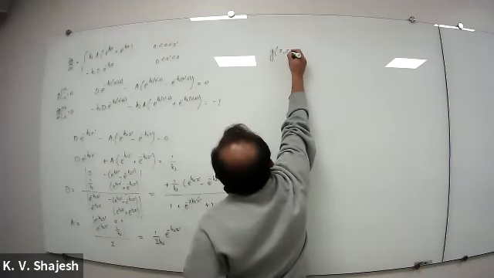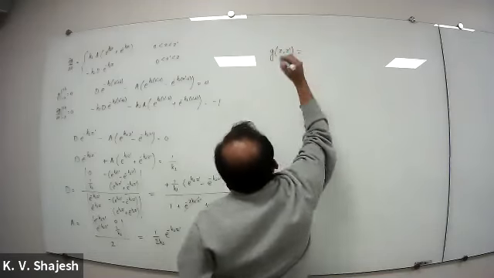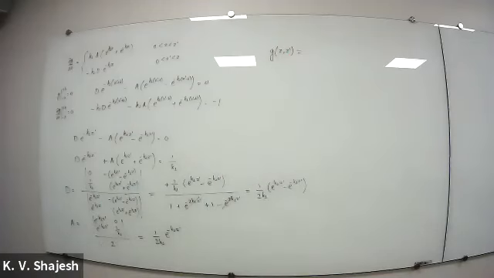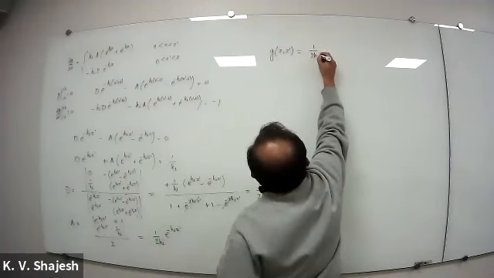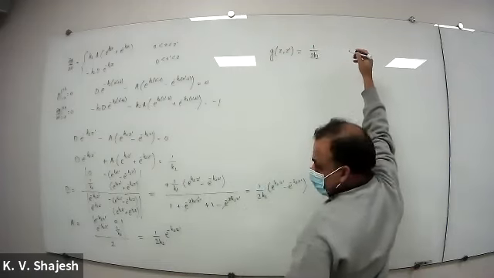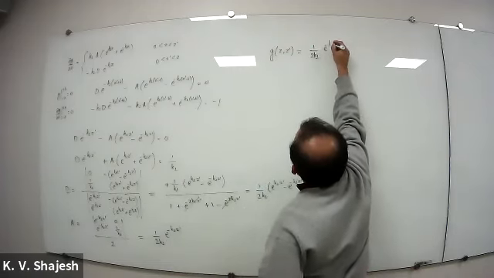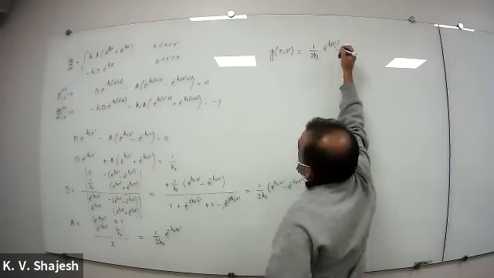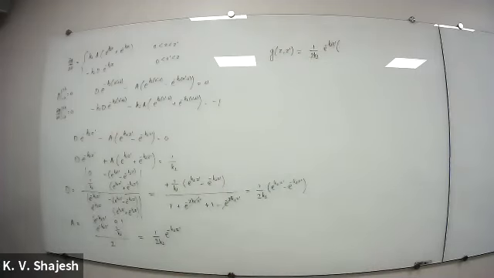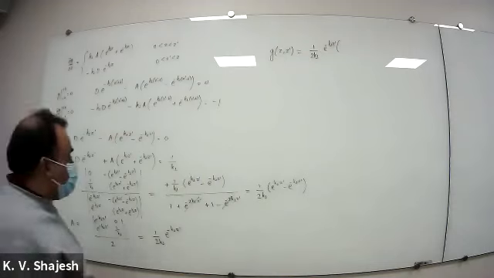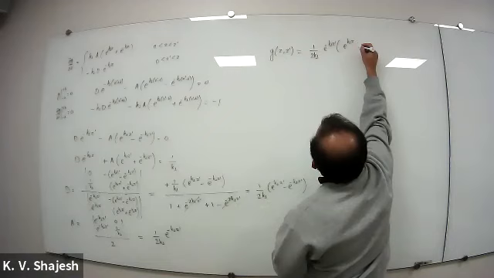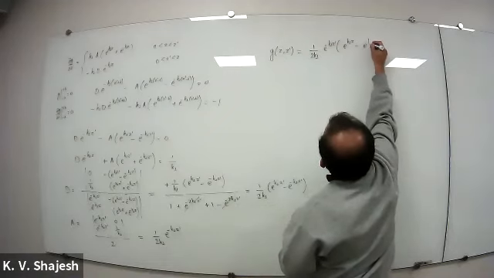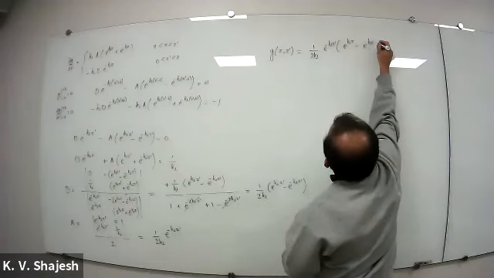G of z, z prime is equal to A, which is 1 over 2k perp e raised to minus k perp z prime, and put in these factors also, right? e raised to k perp z minus e raised to minus k perp z.